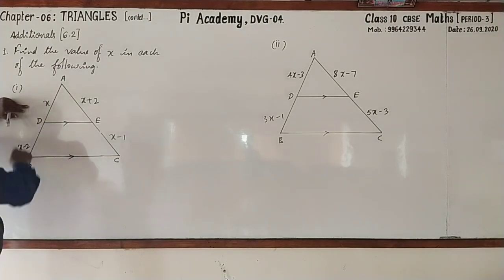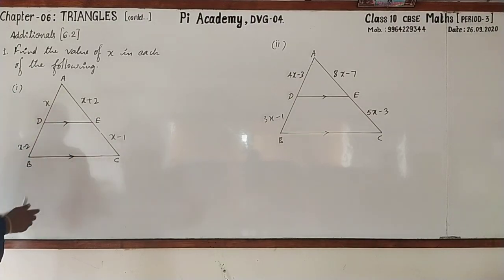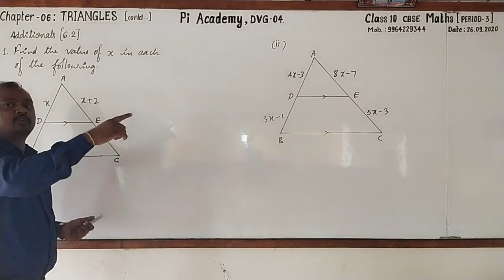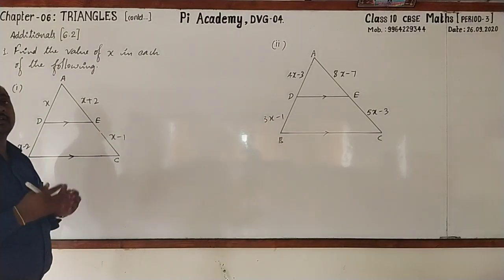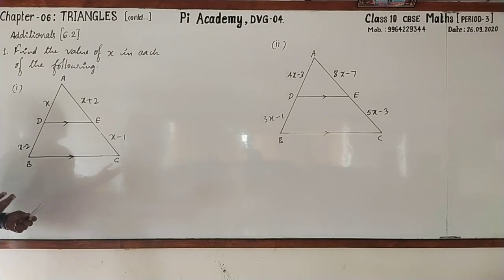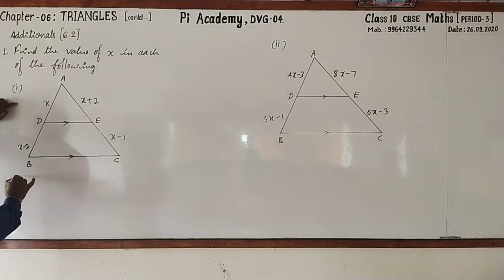In these, ABC is a triangle, DE parallel to BC. Obviously we know that in any triangle, if a line drawn is parallel to a side, then this line will divide the other two sides proportionately. It is according to the basic proportionality theorem. Using that, let us go for finding the value of x. Pausing the video, you may copy from here.